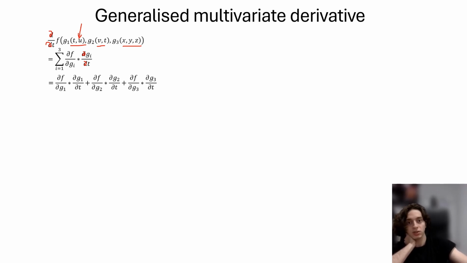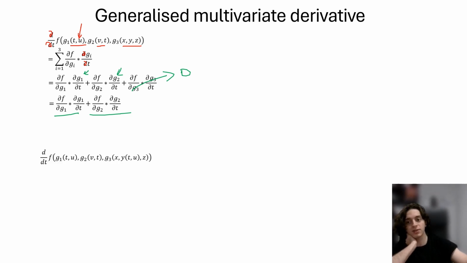G3 has no dependence on t. So this part over here vanishes, whereas g2 and g1, they do. So we cannot exactly simplify them any further. So this whole thing completely simplifies to just this sum over here. Partial of f1 with respect to g1 times partial of g1 with respect to t, and you can read the rest. It's just this sum of two elements.